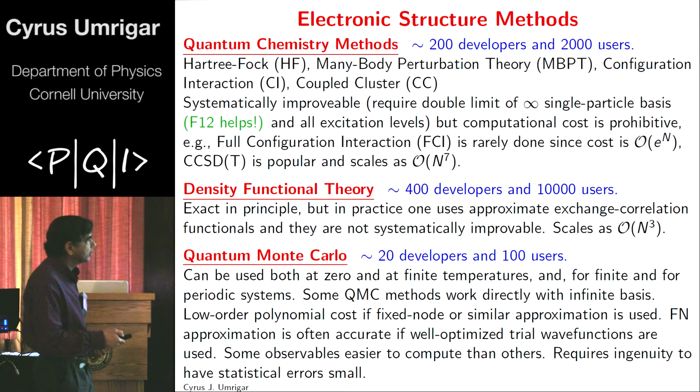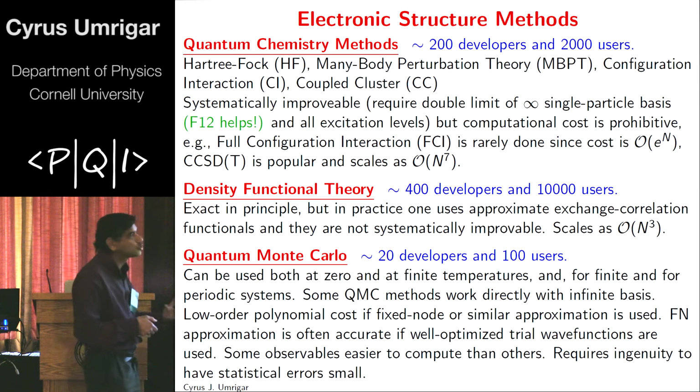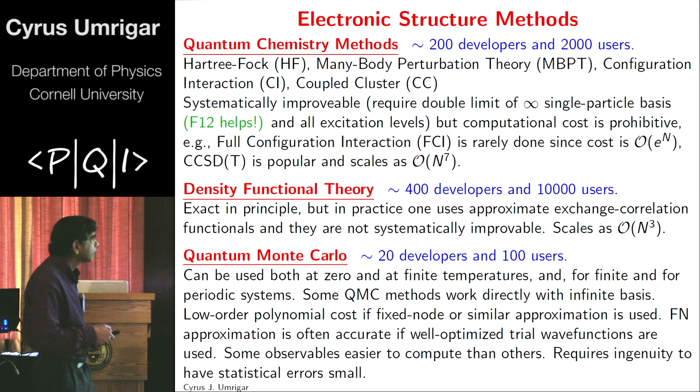Density functional theory is cheap. It scales only as order N cubed, and it's in principle exact, but in practice, we all know that you have to make approximations to the exchange correlation functional, and there's no systematic way to improve that.